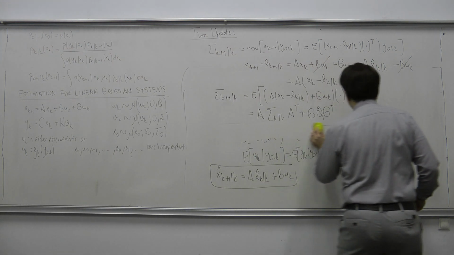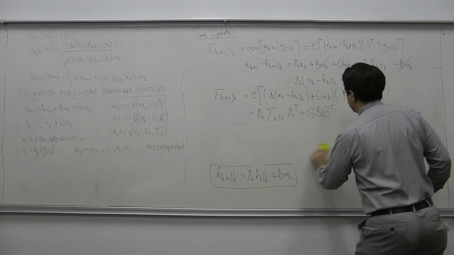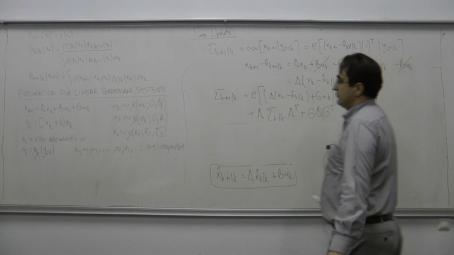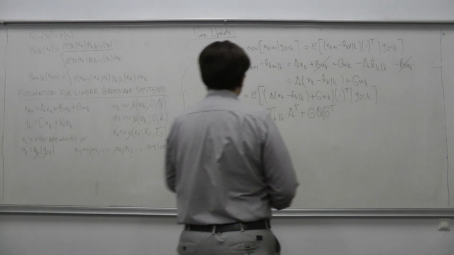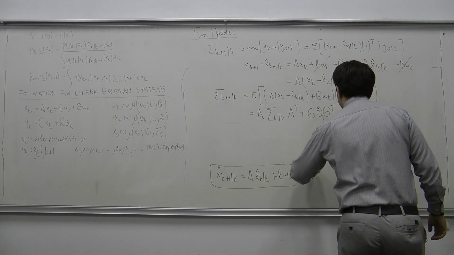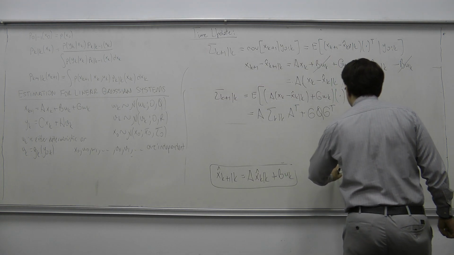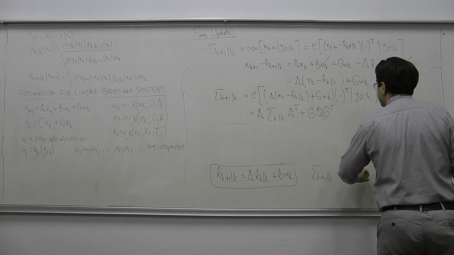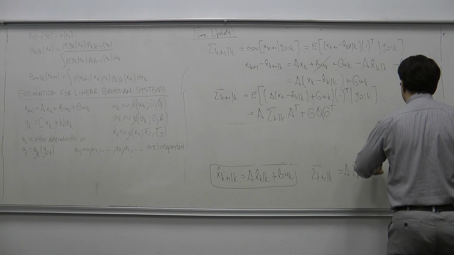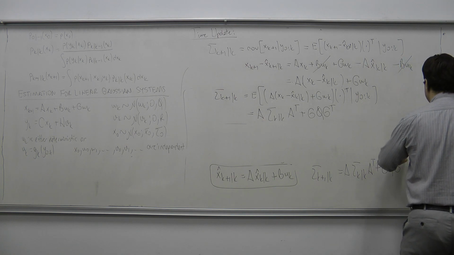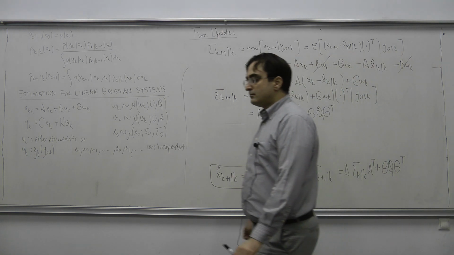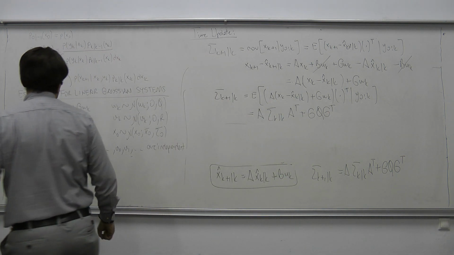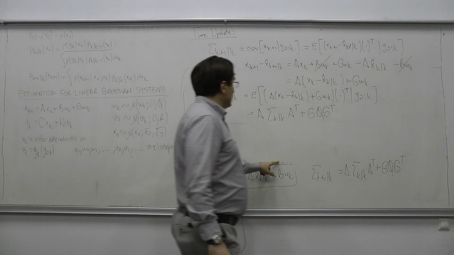So our covariance update formula is just going to be this. Sigma k plus 1 given k is equal to A times sigma k given k, A transpose plus GQG transpose.